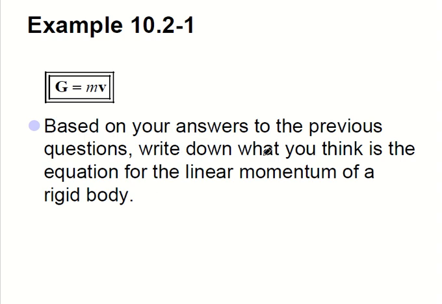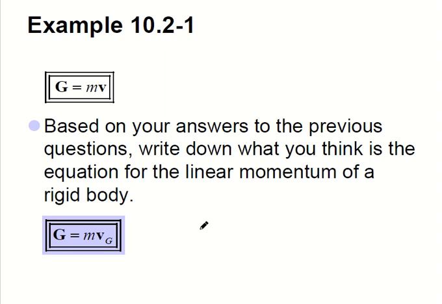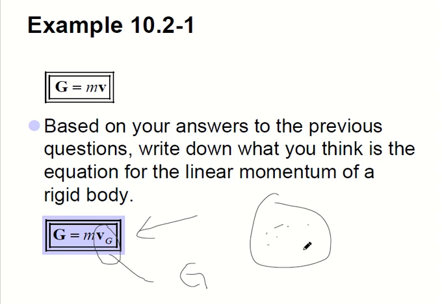Then based on your answer to the previous question, which is center of mass, you're going to write down what you think is the equation. Of course, your velocity is at the center of mass, and we give it a g, and that g is right here on this rigid body.